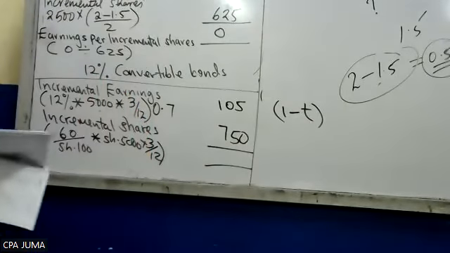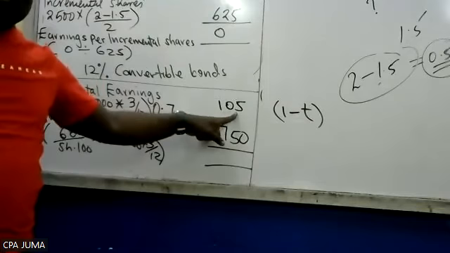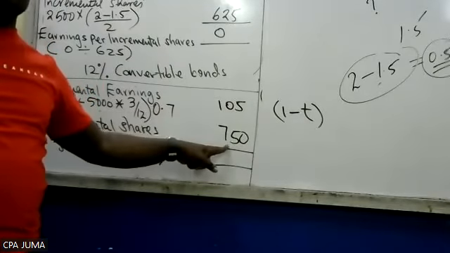So earnings per incremental shares, take 105 divided by 750.